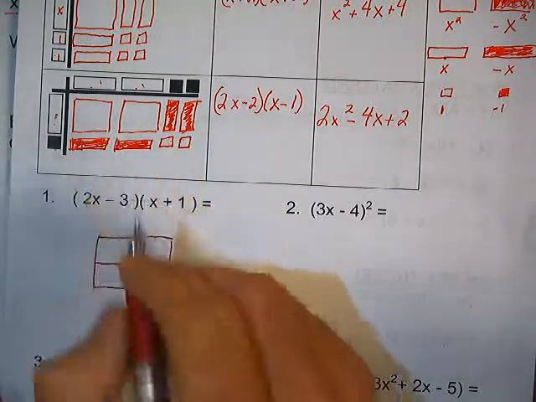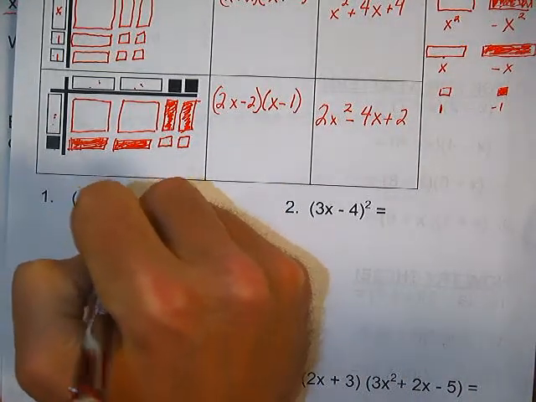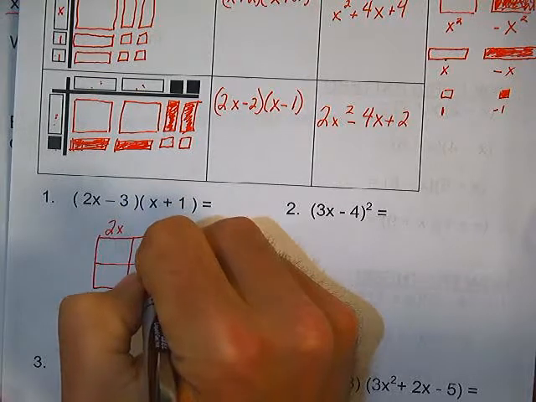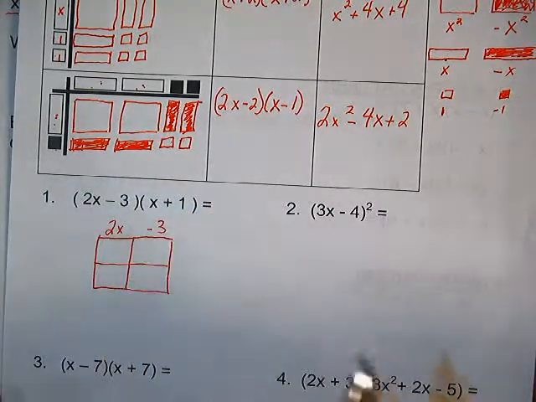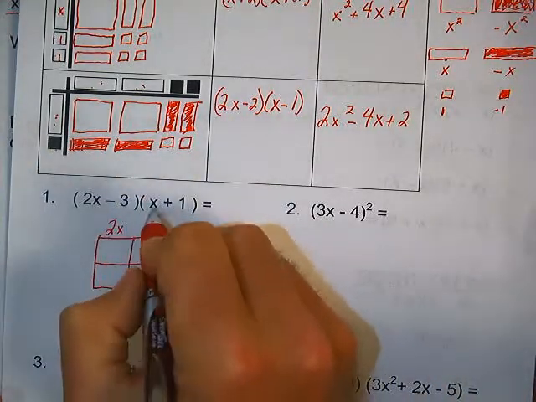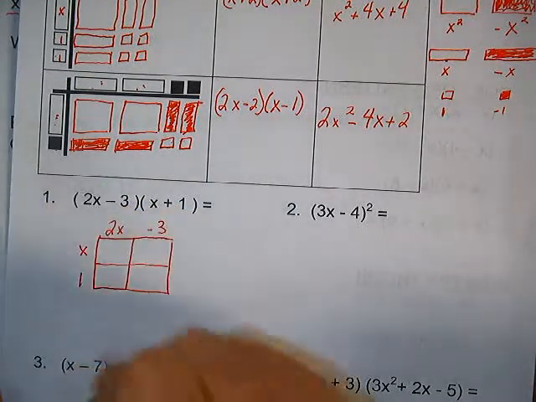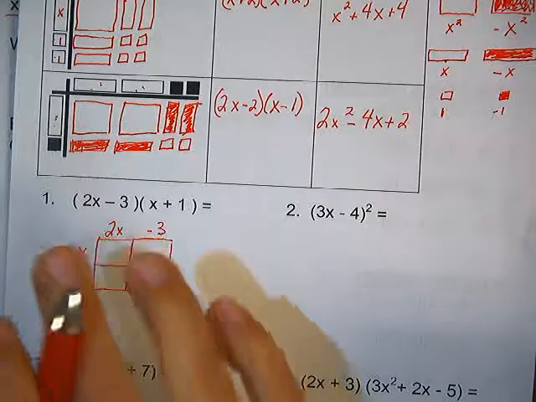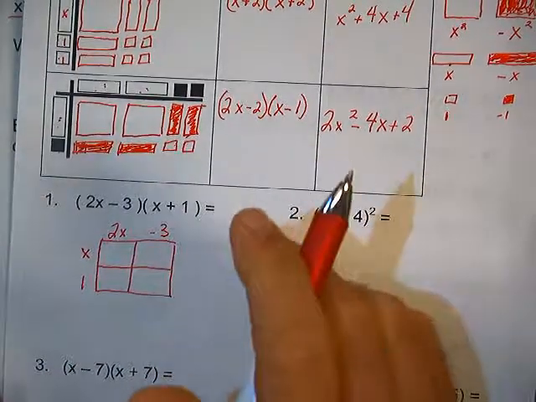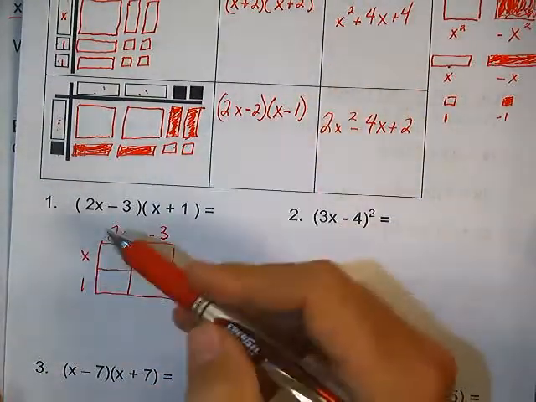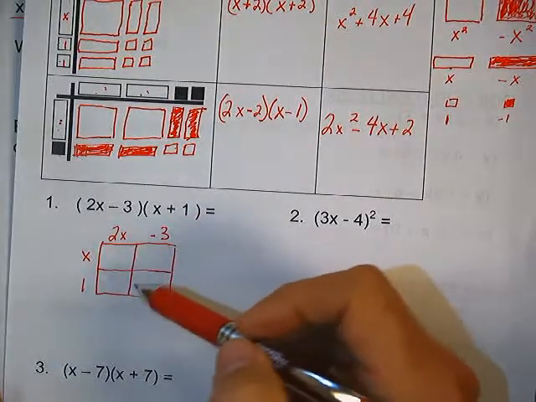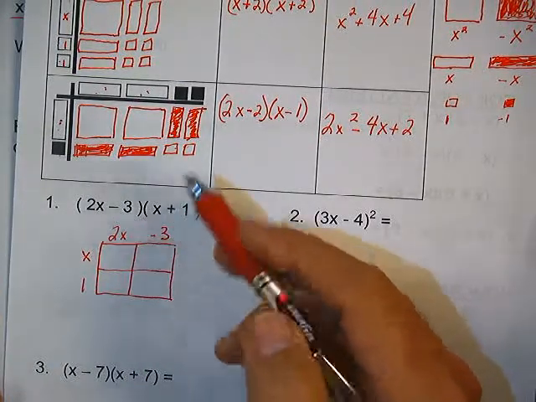I'm going to take one of the binomials. I'm going to write 2x, then negative 3 on top. And then I'm going to write x plus 1 down the side. Just like we did with the algebra tiles, I'm going to use the box method to multiply these together.